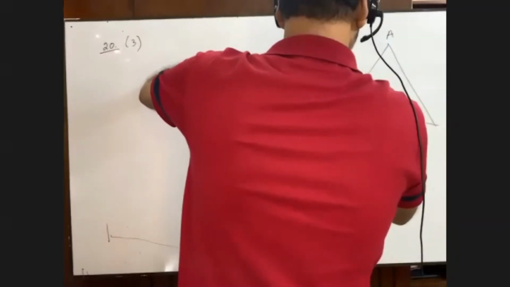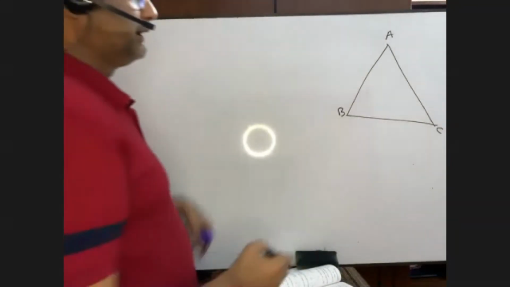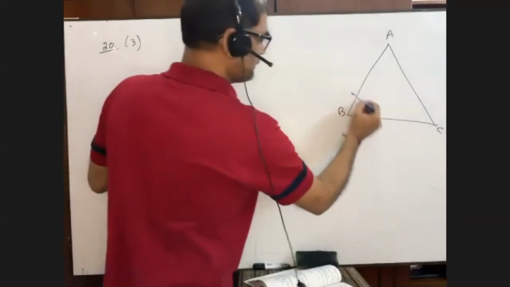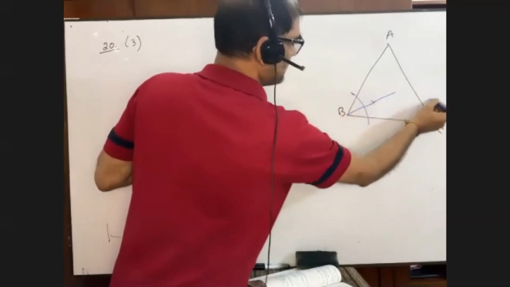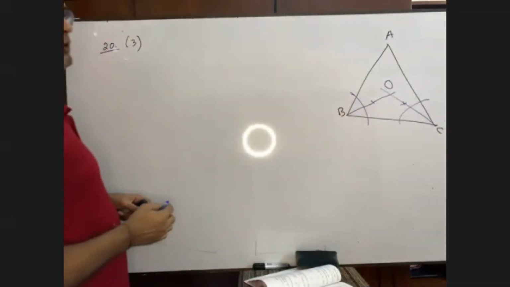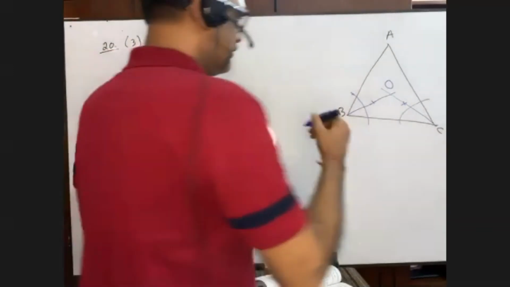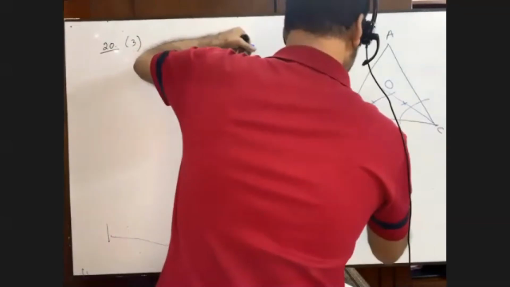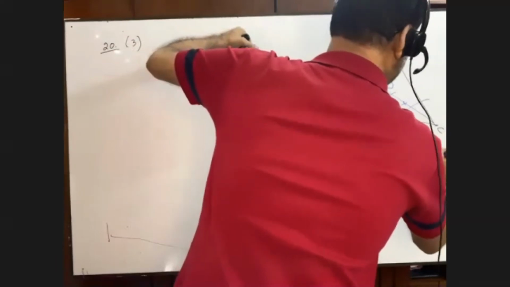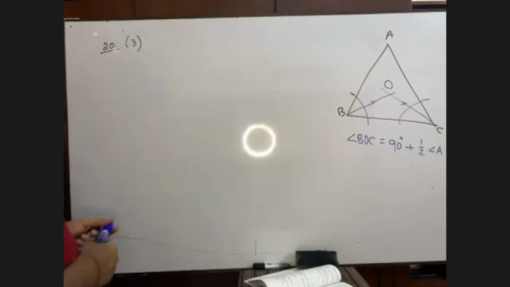Now, if we bisect angle B like this, and bisect angle C as well, they meet at the point O. So we have to prove that angle BOC is equal to 90 degree plus half of angle A. Have you got it? Yes, sir.